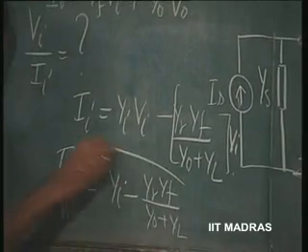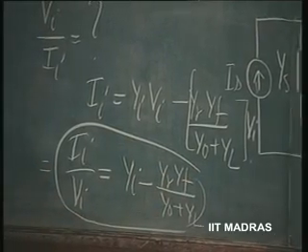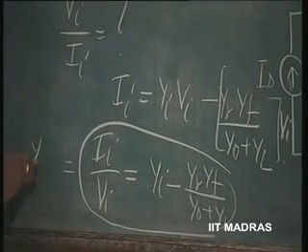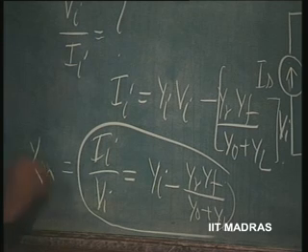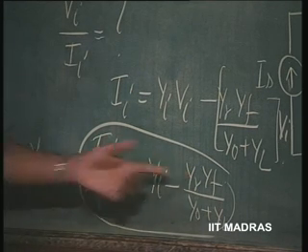Please remember this. This is an important relationship. This you can call Y in, the input admittance of the amplifier considering the feedback into account. If Yr is 0, this is Yi itself.